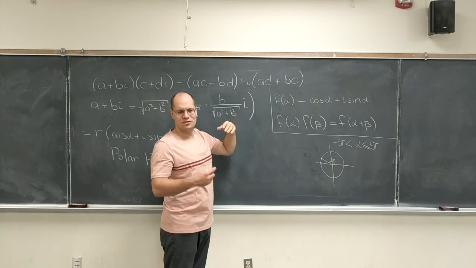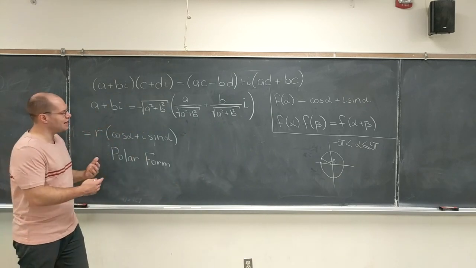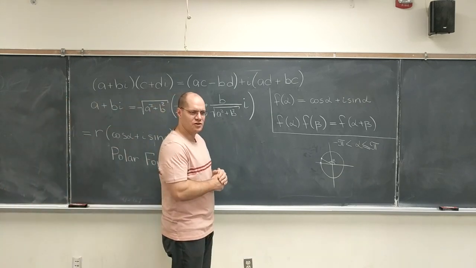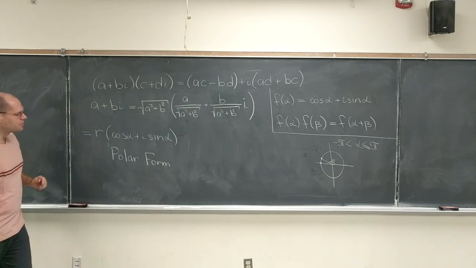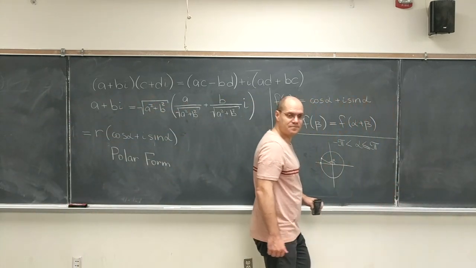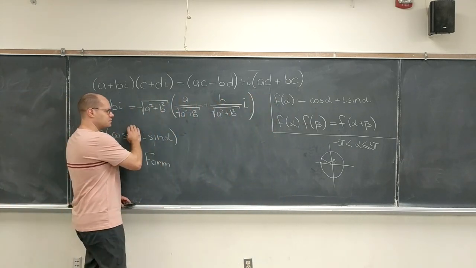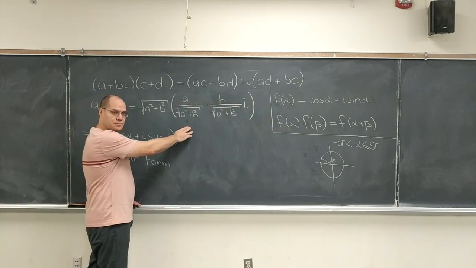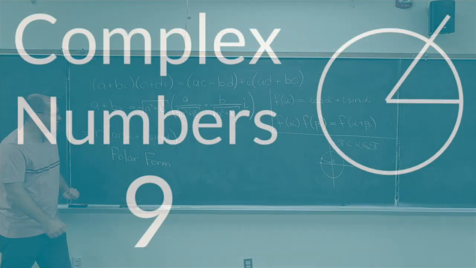You can use normal rules of algebra plus the rule that i squared equals minus 1 to work with complex numbers. That's great. But the polar form is great in its own way, because, as you will see in a moment, it makes for great algebra, but it also makes for a great geometric interpretation. Here we go.